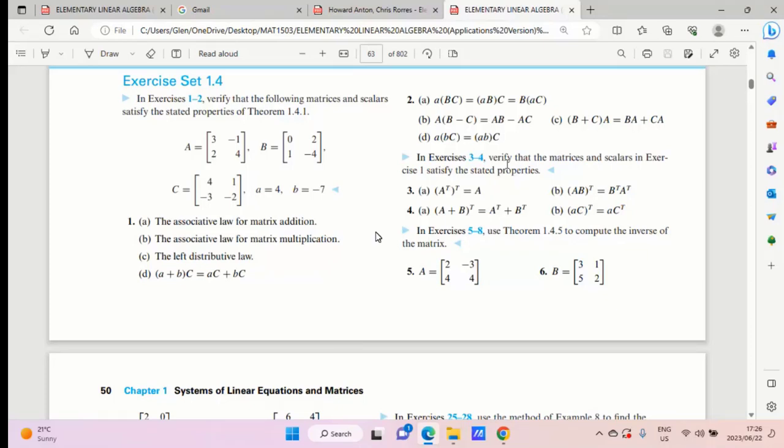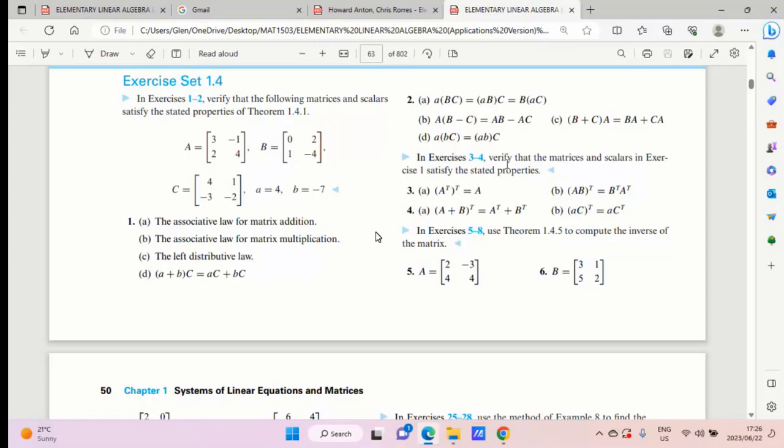BC means the first matrix is 0, 2, 1, and minus 4. Do we agree? Is this what you have? Yes, that's what I have. Now matrix C is 4, 1, minus 3, and minus 2. Still with me? Yes.